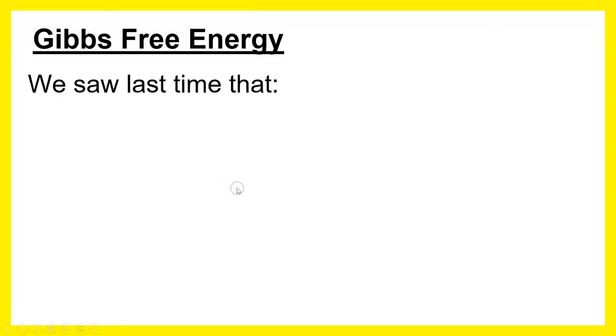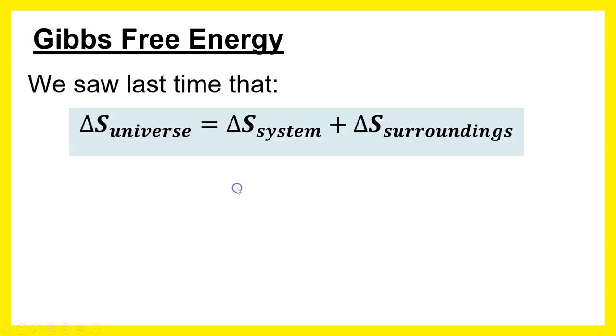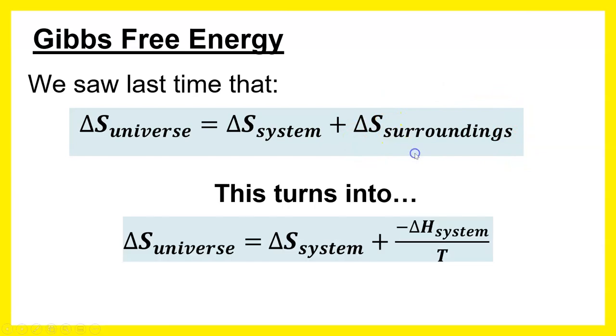So we saw last time when we were learning about entropy that the change in entropy of the universe is the sum of the system plus the surroundings. And we learned that the delta S of the surroundings is the same as negative delta H over T for the system.